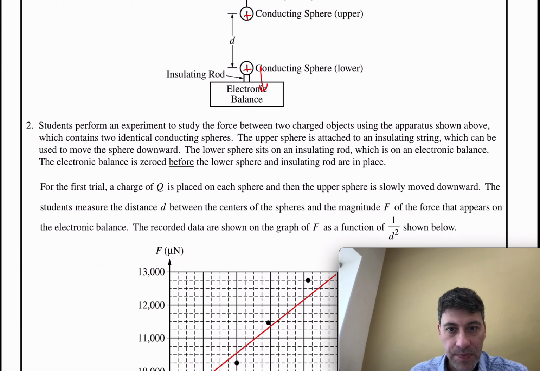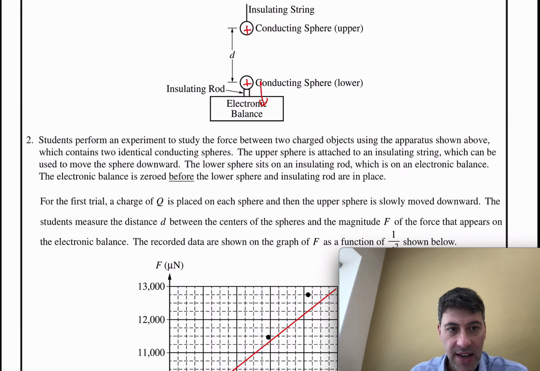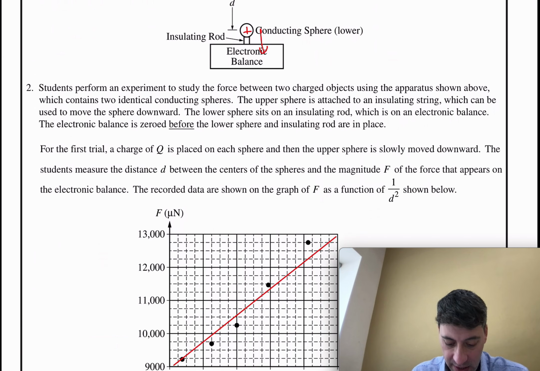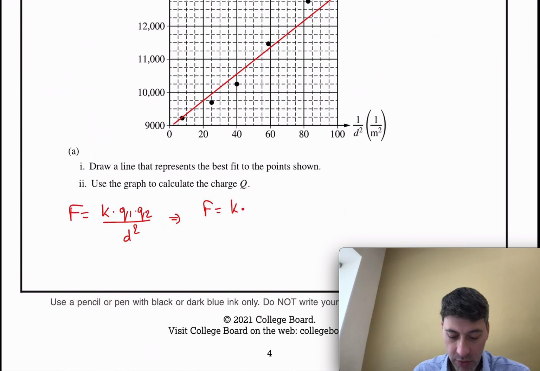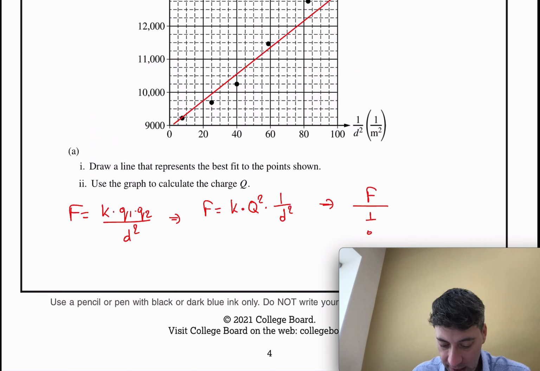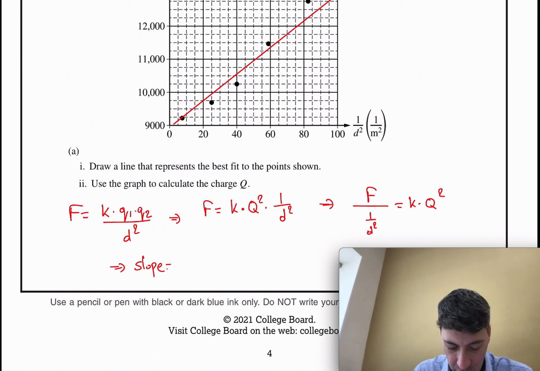For the first trial, a charge Q is placed on each sphere, so Q times Q, this is Q squared, multiplied by 1 over the distance to the power of 2, and we need to say that F over 1 over the distance to the power of 2 is equal to K times Q squared. So the slope of this graph will be equal to K times Q squared.